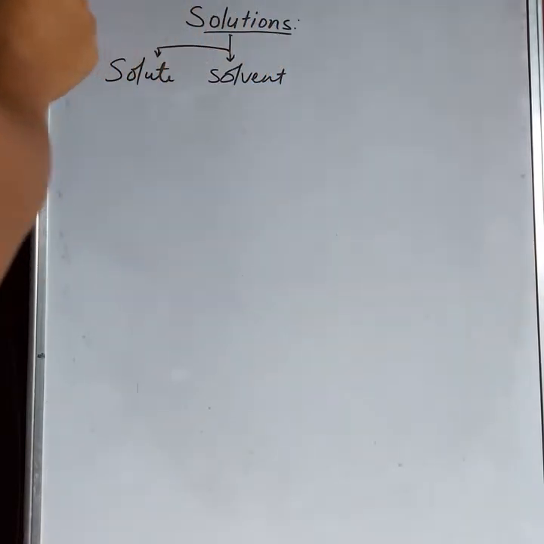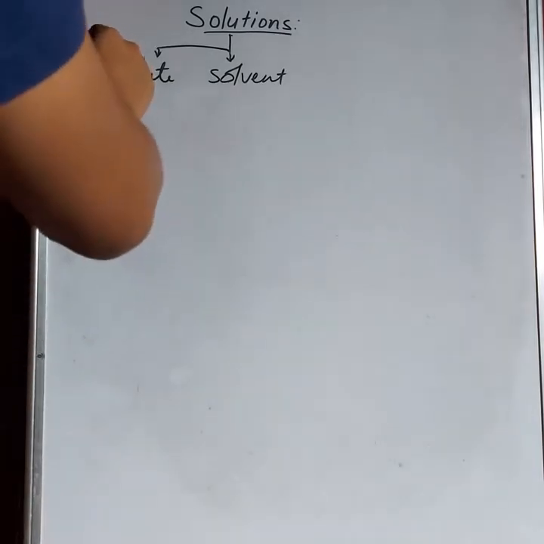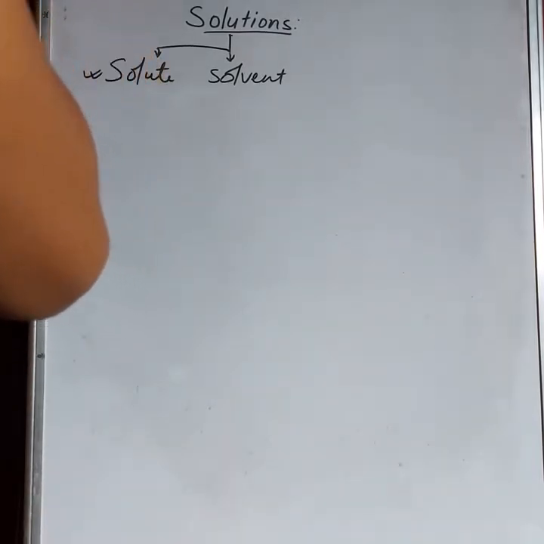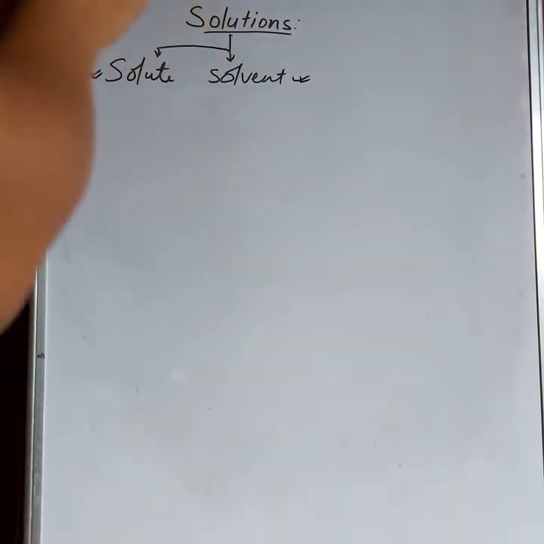Then we can say that if in a mixture, the amount which is in smaller quantity is usually called the solute, and the amount in larger quantity we usually refer to as the solvent.